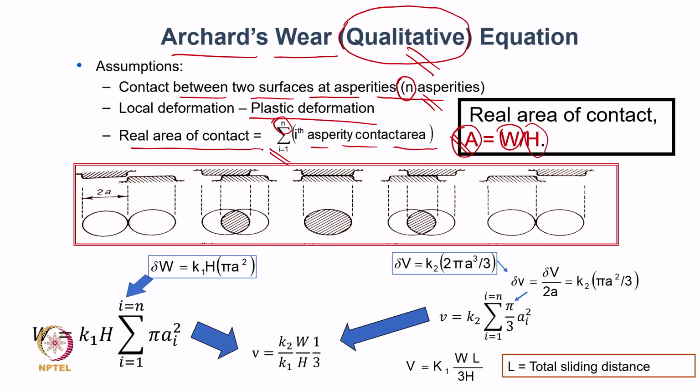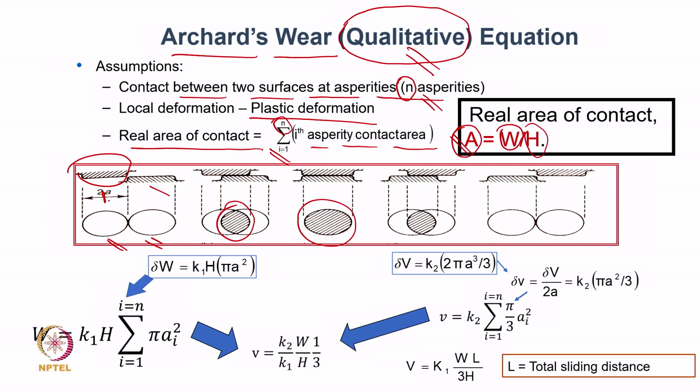Archard assumed hemispherical asperities. When they come into contact, this is one asperity approaching another asperity, and there will be some overlap. This is the overlap shown, a perfect matching, and then it will depart from these asperities. This process happens continuously.